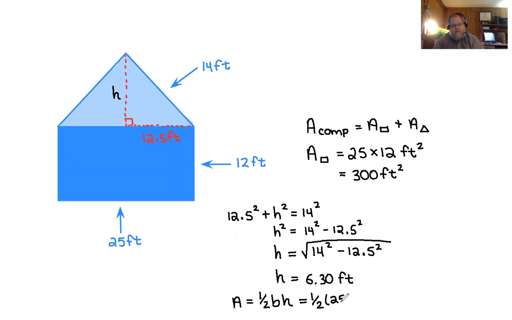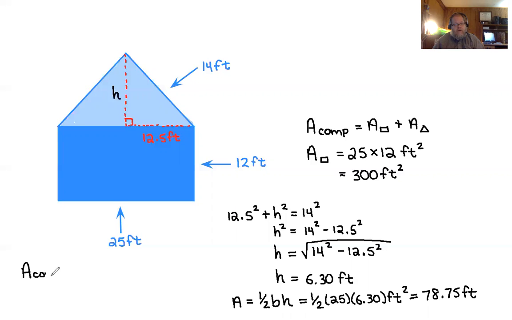So 25 times the height, the altitude, which is 6.30. The units will be feet squared. So now let's go ahead and calculate that. 0.5 times 25 times 6.30. And so we get 78.75 feet squared. And now we have the area of the full composite figure.